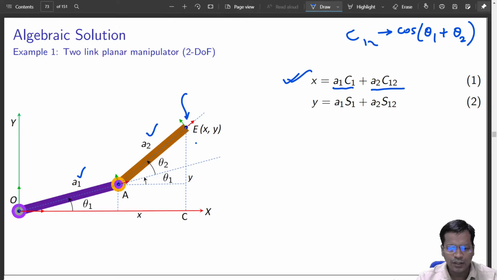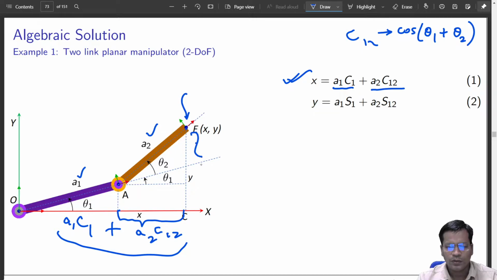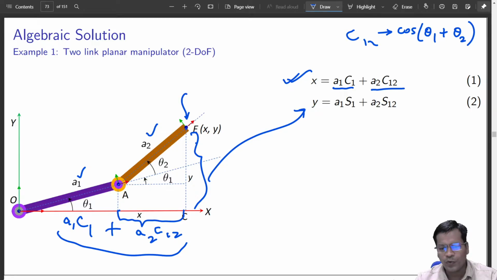The x coordinate of this end effector is a1 cos theta 1, a1 c1, and from here to here is a2 c12, cos of theta 1 plus theta 2. So overall x is this. Similarly y is this. Done. So this is your forward kinematics. That means you know the angles, you have calculated the end effector position. That is the forward kinematic equation.